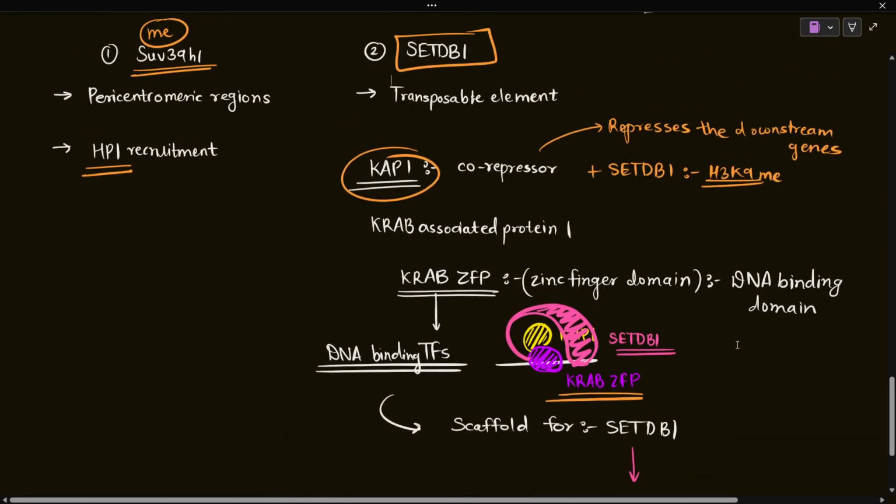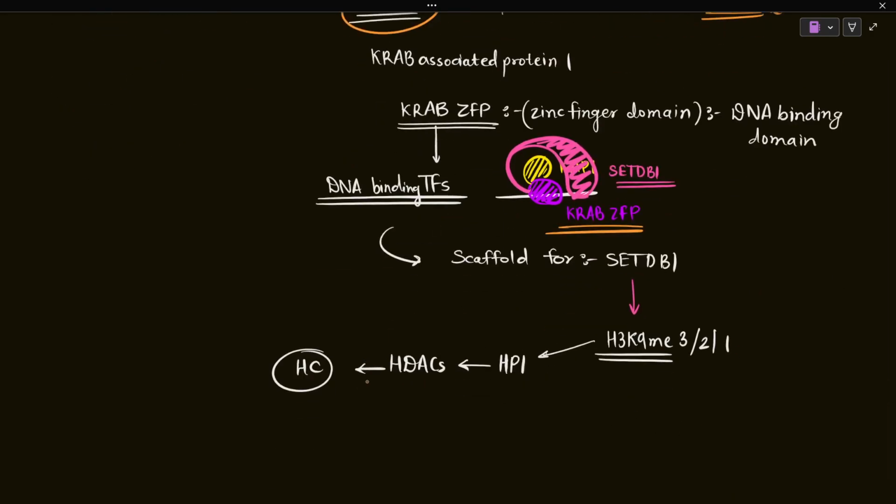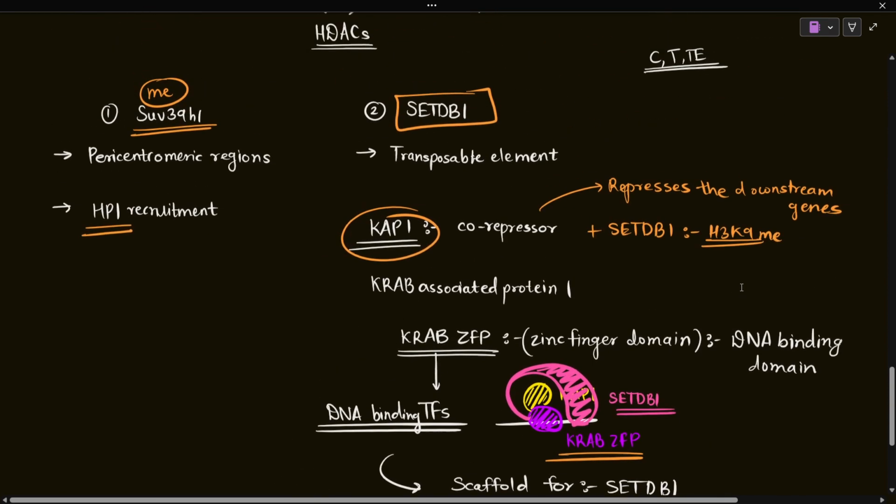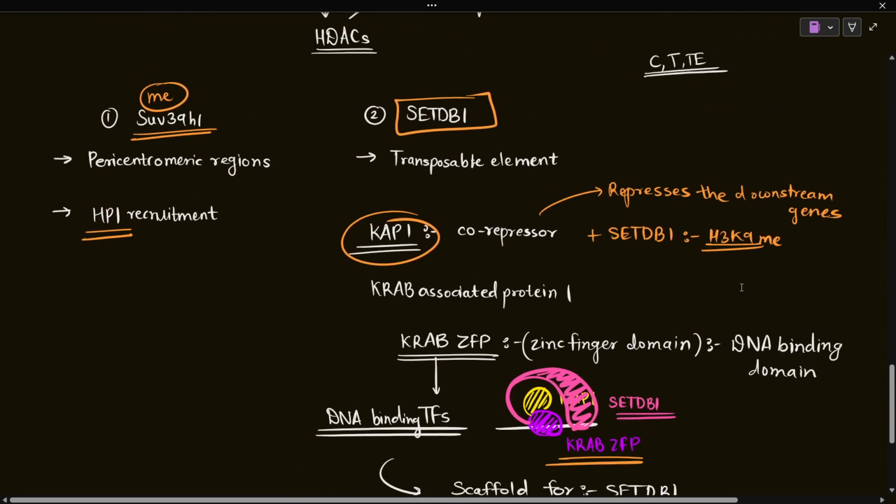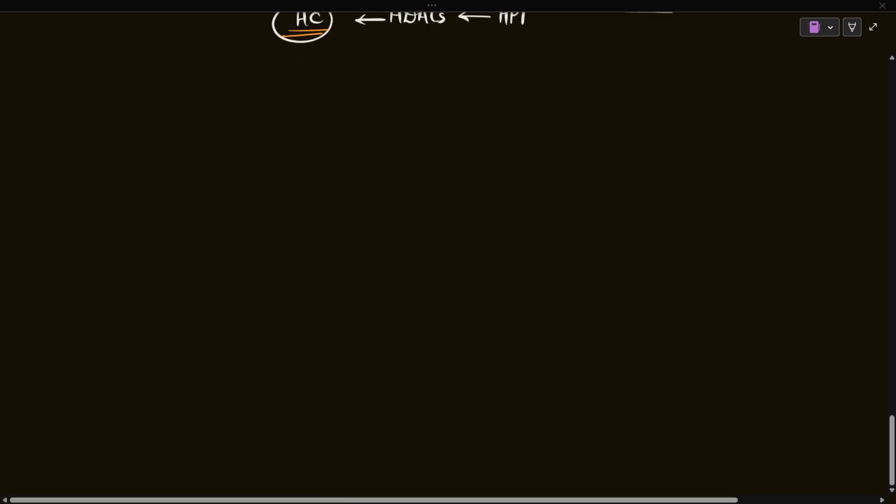It adds the methylation mark, which then recruits HP1, and it then heterochromatinizes the active chromatin. So this is the difference between those two enzymes. This was at different loci. SUV39H1 does the methylation at the pericentromeric region, while SETDB1 does it at the transposable elements. But at telomeres there's something different happening.